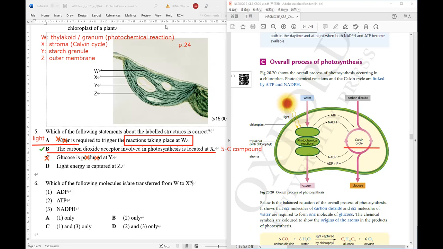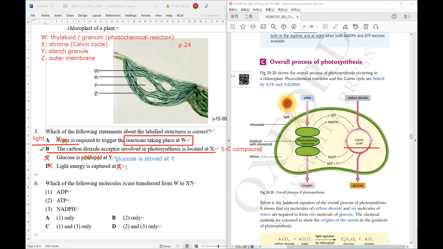This is not correct. Glucose is stored at Y, stored as starch granule. And for Z does not help with capturing light energy. It's just the chloroplast outer membrane. It has no function, just to wrap everything. Okay, not as Z.